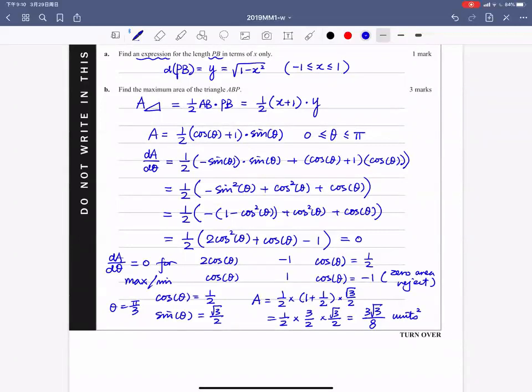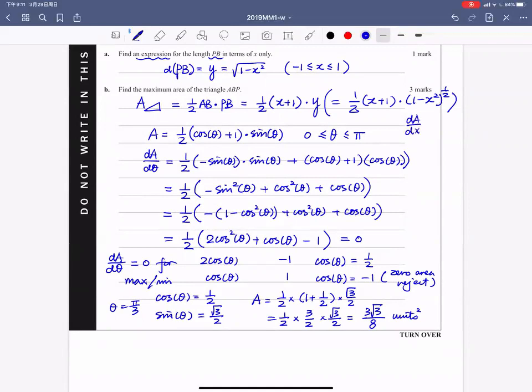That is just my suggestion. Another possibility is, I will write it in the bracket here. It can be written as half x plus 1 times square root of 1 minus x squared, to the power of half. Then you take the derivative with respect to x, getting dA dx.